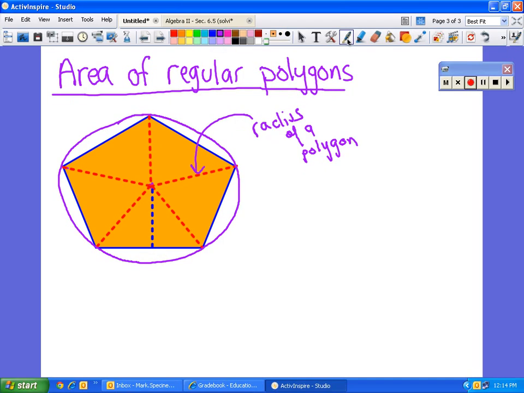Okay. On the other hand, if I draw a segment from the center not to one of the vertices, but to the edge of the polygon, it's a perpendicular line, and we call that the apothem. So it's a perpendicular line segment from the center of a polygon to its side.